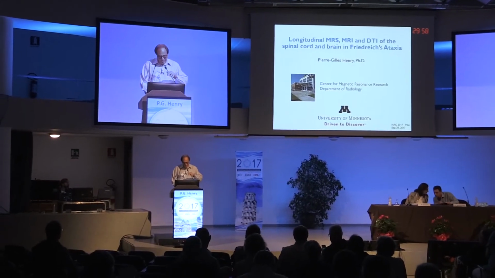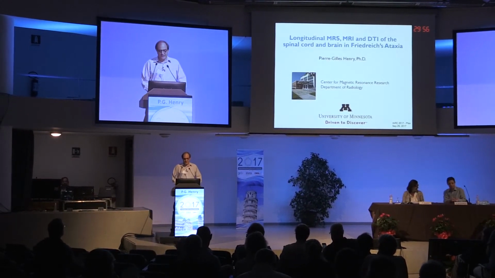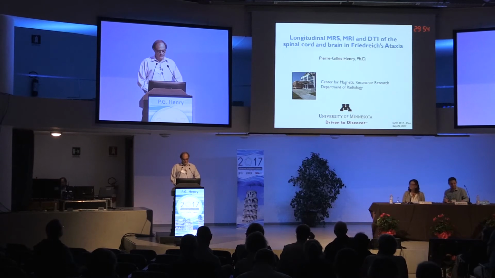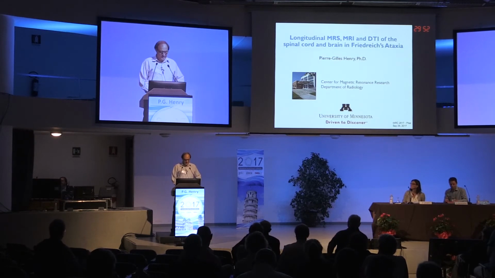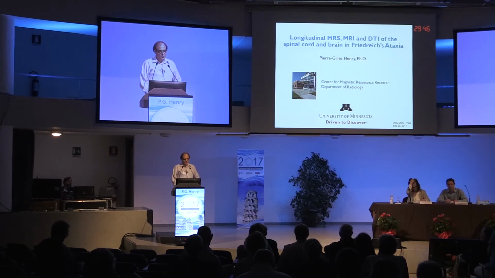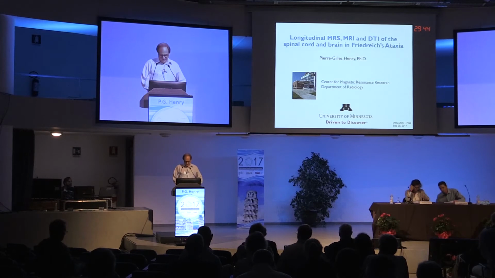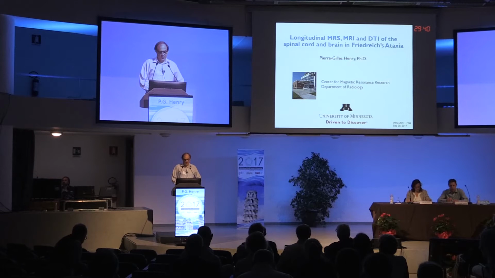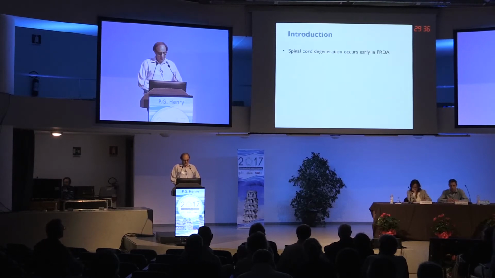So this is a work we started 4 years ago with support from FARA initially to find or discover biomarkers of disease progression in Friedreich's ataxia using MR spectroscopy, MRI, and diffusion tensor imaging.